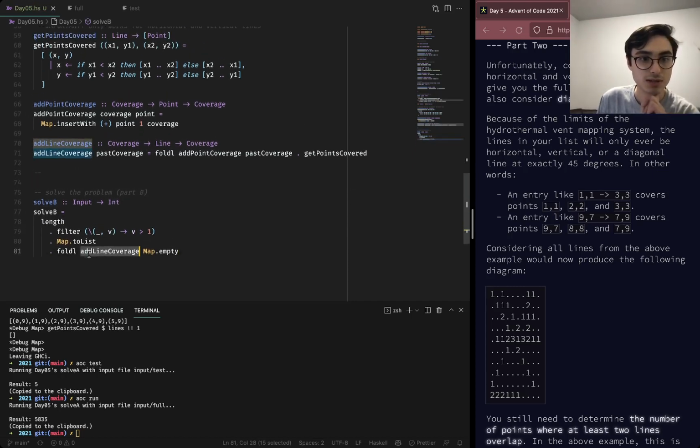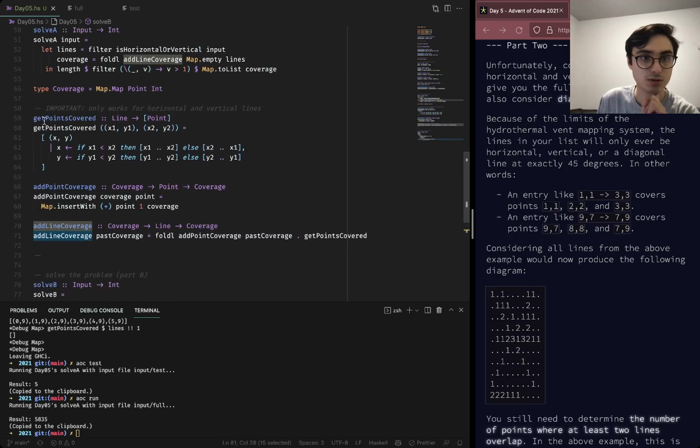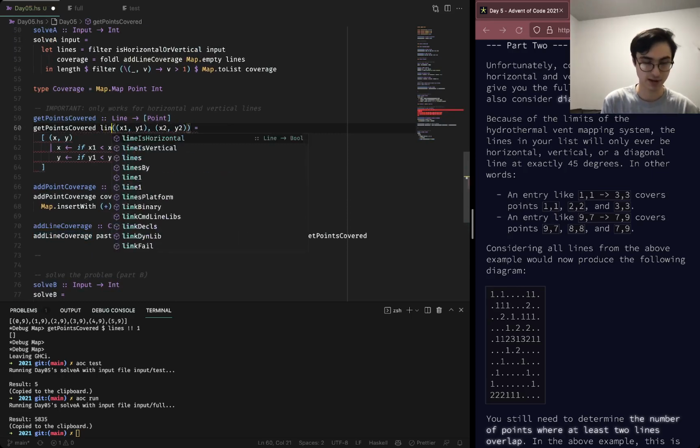Perfect. So the only thing we need to change is we need to fix get points covered so it works for other types of lines.